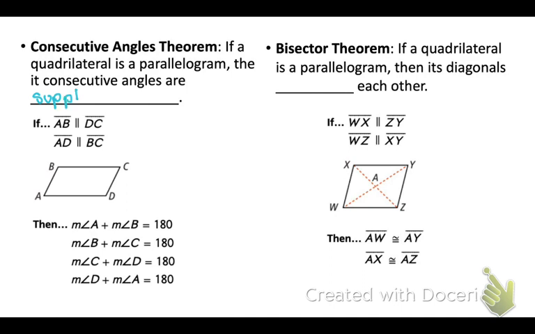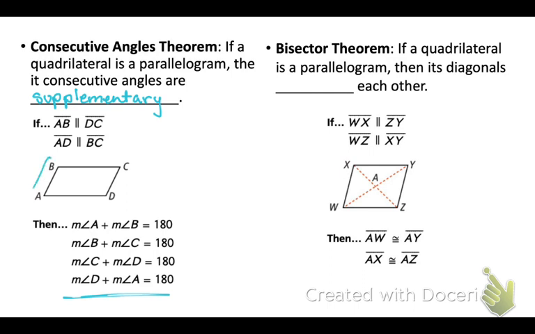Dakota, what does supplementary mean? We've been using it since chapter 2, section 1, definitely. What does supplementary mean? Adds to 180. Also, if you looked on your notes, it says right there, doesn't it? Right here. It's right on your notes.